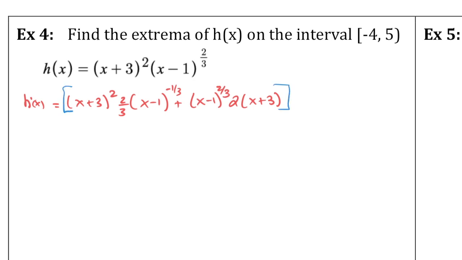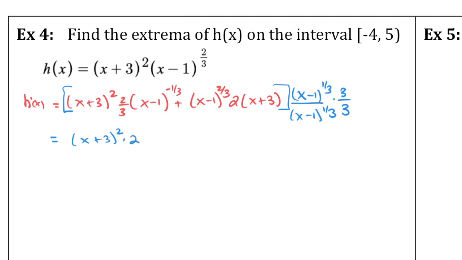All right, so this complex problem needs to be simplified. And in order to simplify it, we're going to multiply by x minus 1 to the 1/3. That'll cancel out your negative exponent over x minus 1 to the 1/3. And then, of course, we should also multiply it by 3/3 to clear your fractions. Simplify some more. We're going to be left with the quantity x plus 3 squared times 2.